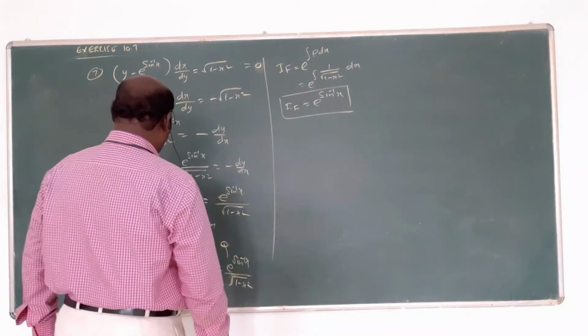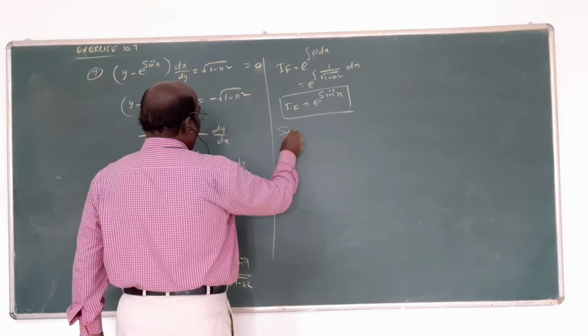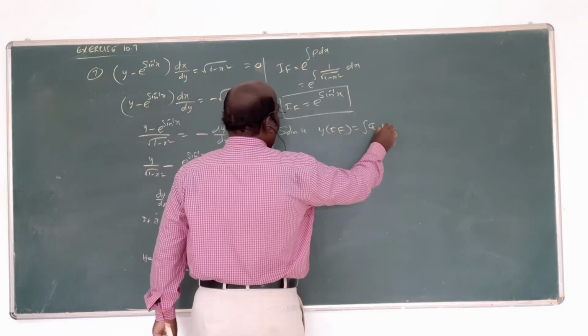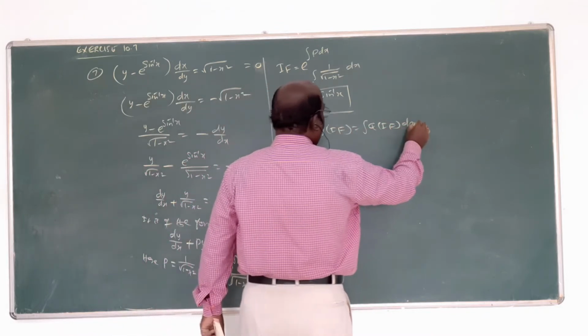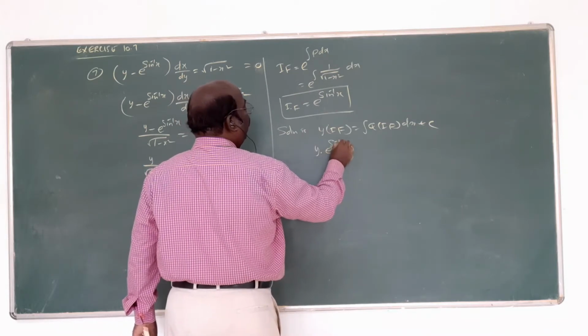Now what is the formula? The solution is y into IF equals integral of Q into IF dx. Substitute: y into IF is e power sin⁻¹x.